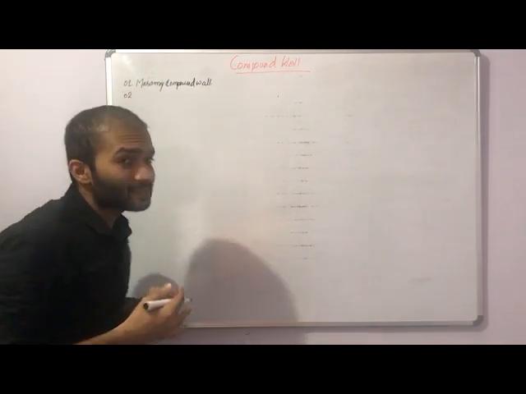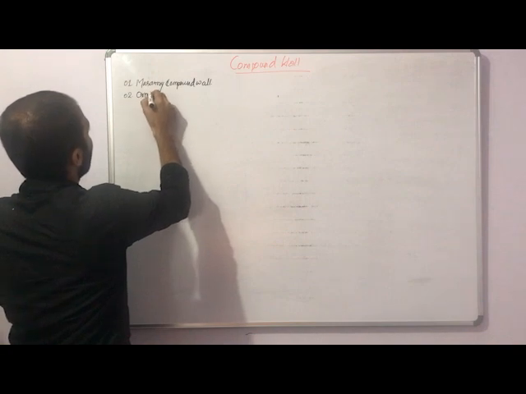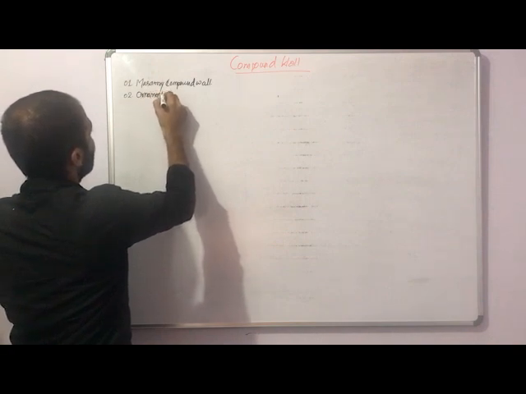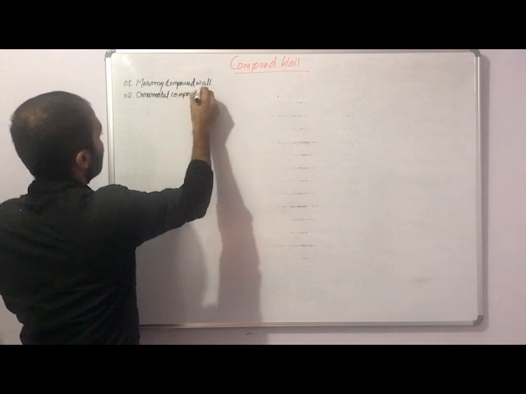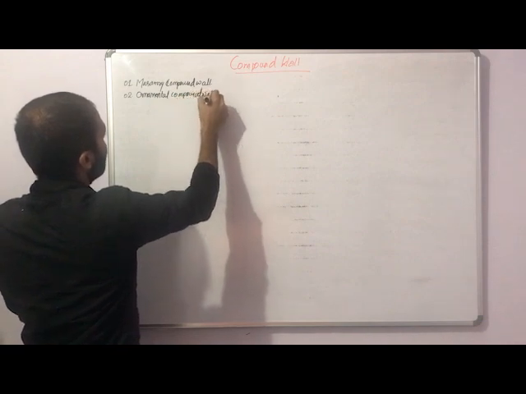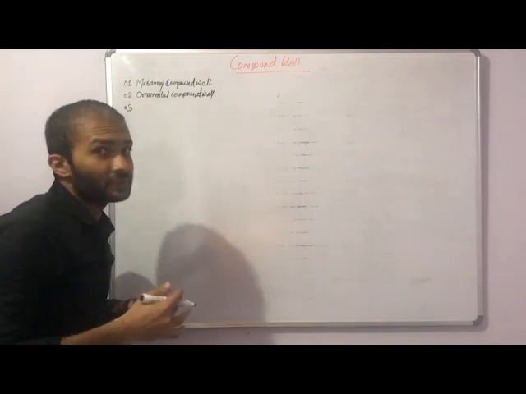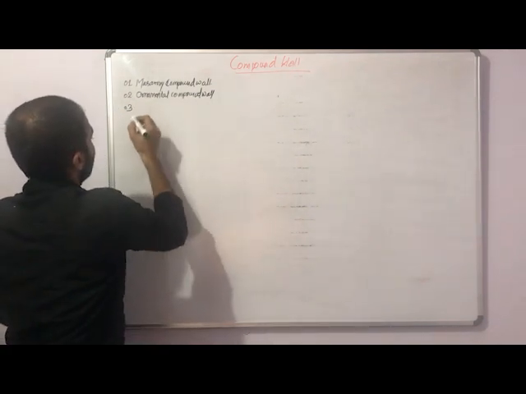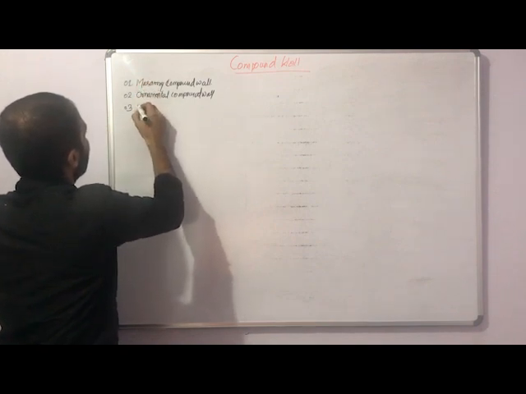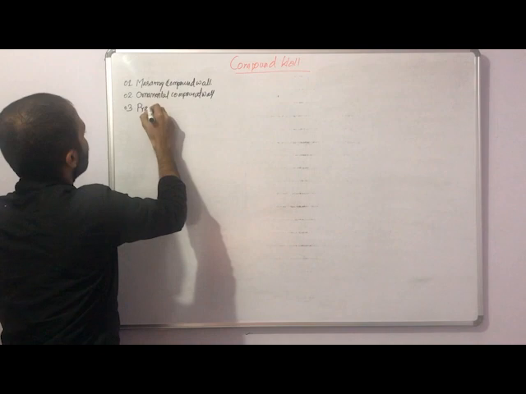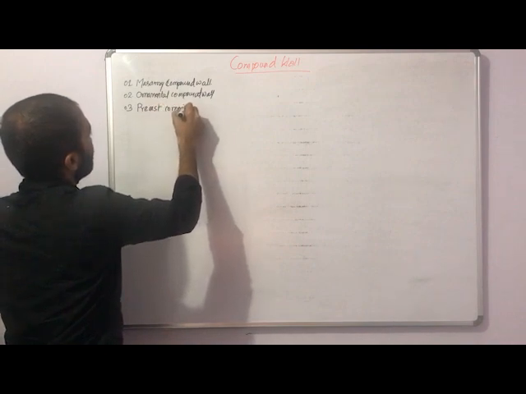The next is the ornamental compound wall. The third one is the precast compound wall.